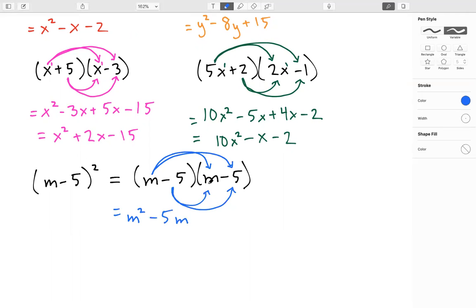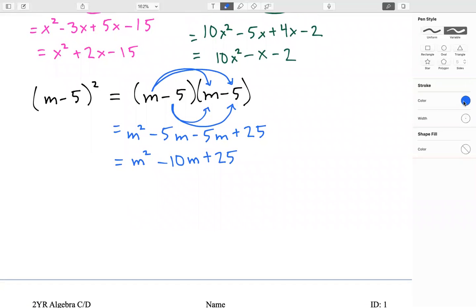Negative 5 times m is negative 5m. Negative 5 times negative 5 is positive 25. We simplify, negative 5m minus 5m is negative 10m plus 25. All right.